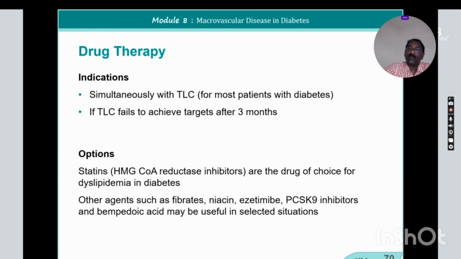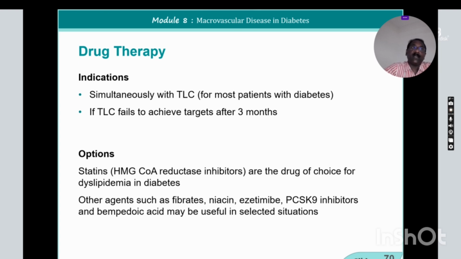I have told you something about the fibrates, the ezetimibe, PCSK9 inhibitors, and bempedoic acid, but I didn't say anything about the niacin. In fact, niacin was the first lipid lowering agent available in the market, way back in the 60s and 70s. But it is not commercially popular because of a lot of gastrointestinal side effects.